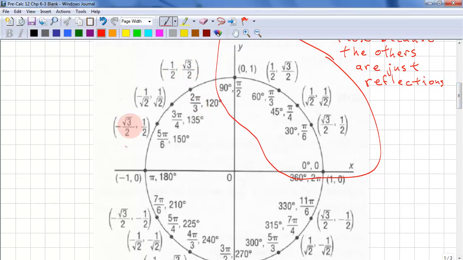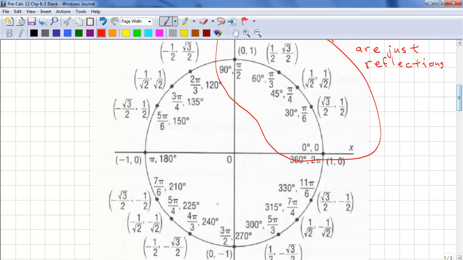Notice that the rest of them are all the same except for the signs. And 30 is the reference angle for 150, 45 is the reference angle for 135, 60 is the reference angle for 120. And similarly for the other quadrants. So that's why we only have to memorize this quadrant. The rest of the special angles are based off of these reference angles.